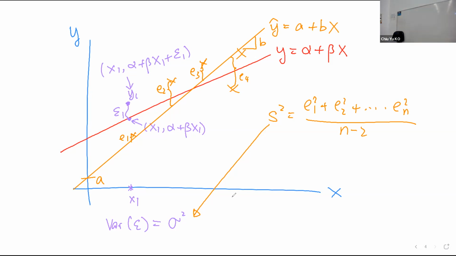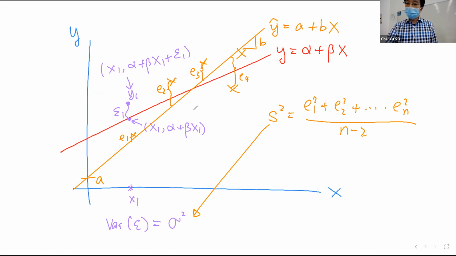Because the estimation of this S can tell us how to test whether A is 0 or not. Orange is one line, and in another scenario, with other data, you may end up here.